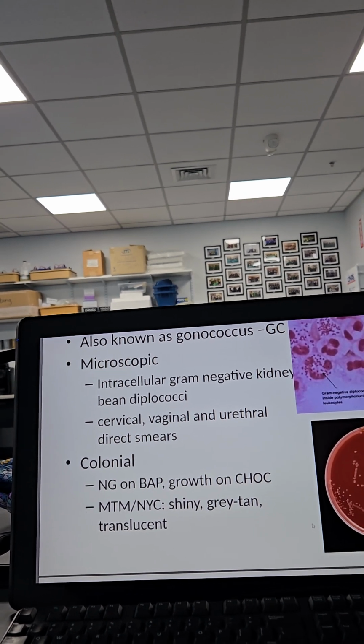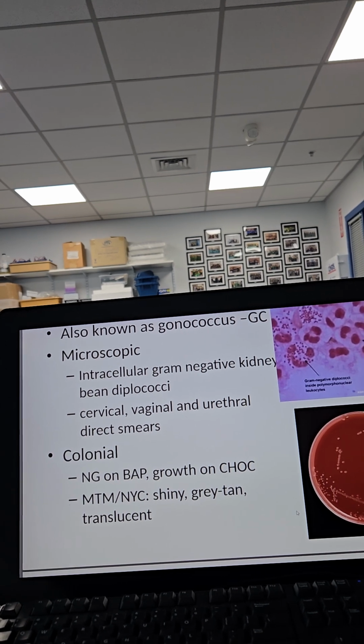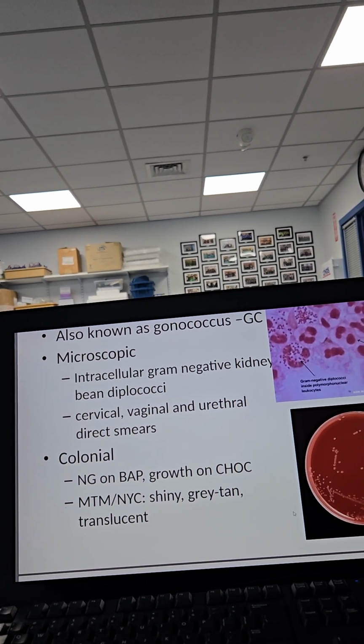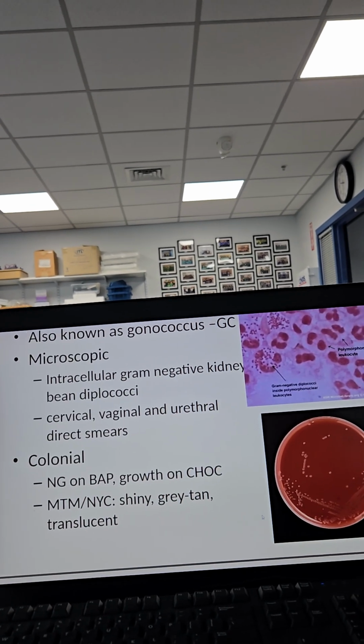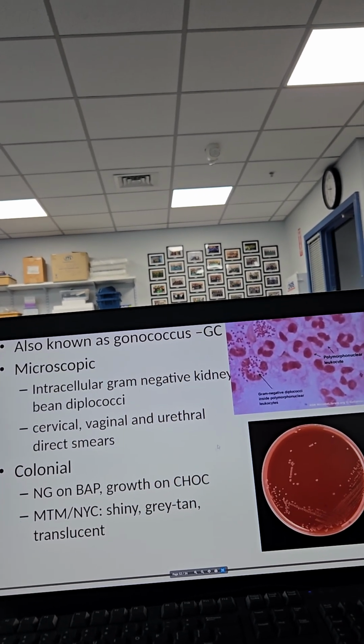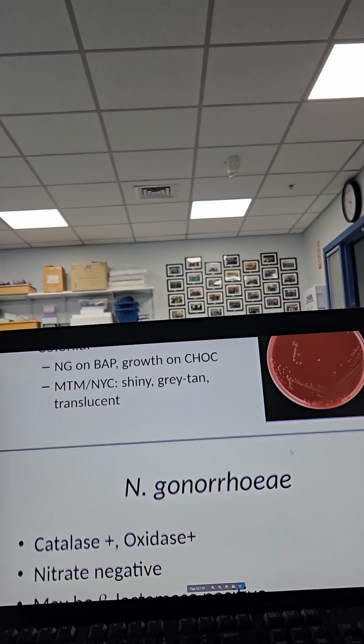They both are catalase positive, and they're both oxidase positive, and they look the same on the microscope. You don't know until you do that enzyme testing. So it's very important to get the enzyme testing correct.